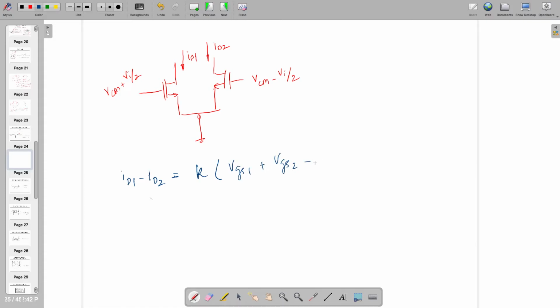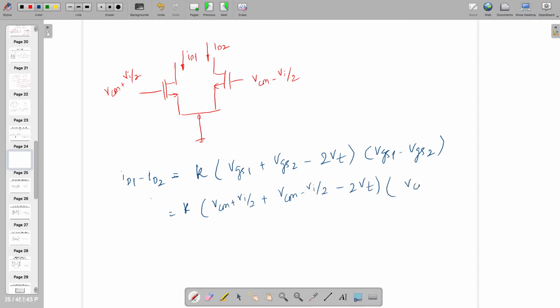If you forgot, then you can write down this. Now let's replace these quantities. So VGS is VCM plus Vi by 2 plus VCM minus Vi by 2 minus 2VT, times VCM plus Vi by 2 minus VCM minus Vi by 2, right? Plus Vi by 2, right?